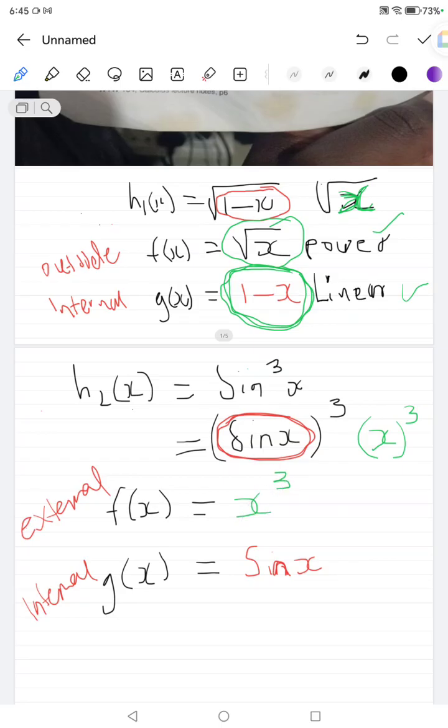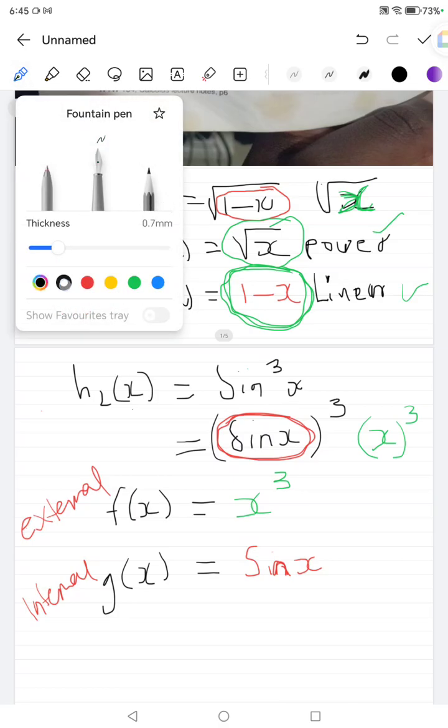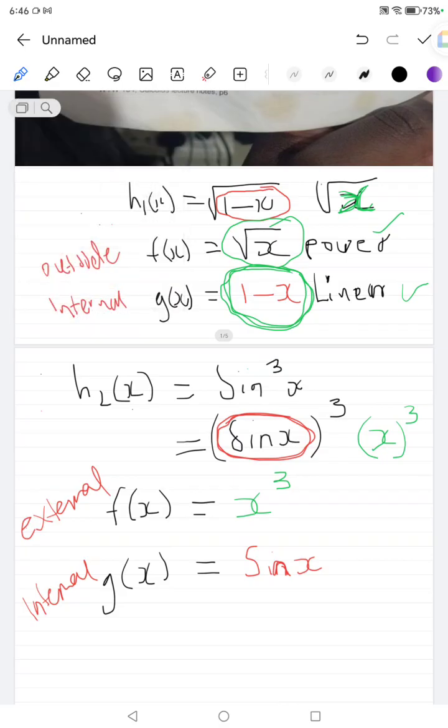So now that you've written this, you ask yourself, okay, am I having two different functions or one? You're actually having two, because this one, your sine of x, falls under your logarithmic, then this other one falls under your power. Remember the rules I said, you're not supposed to be getting a power and power.